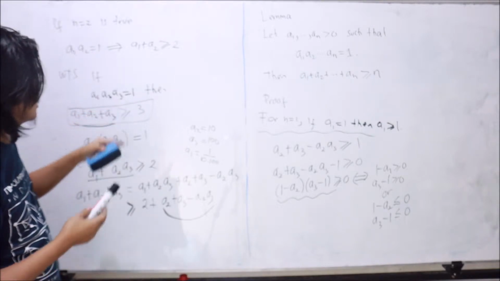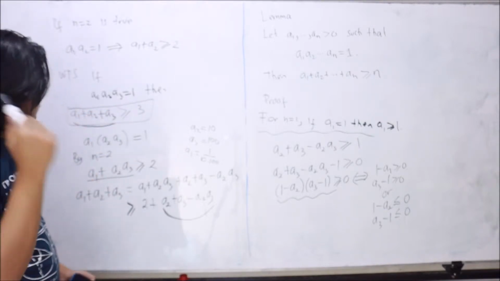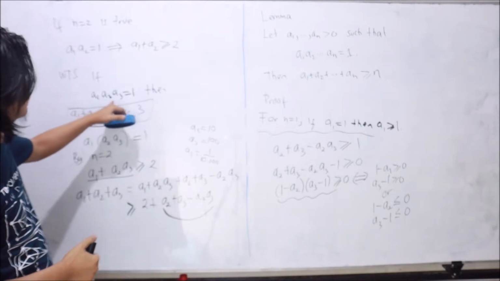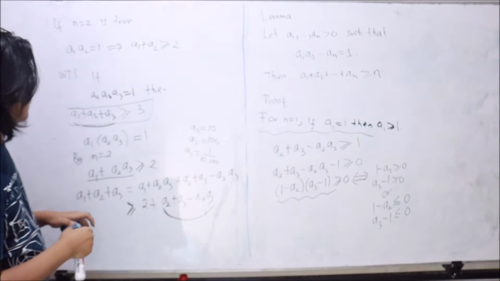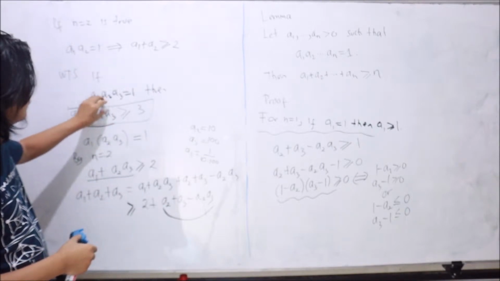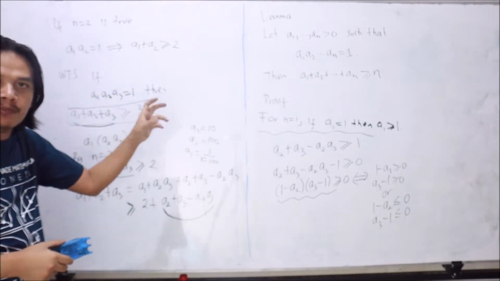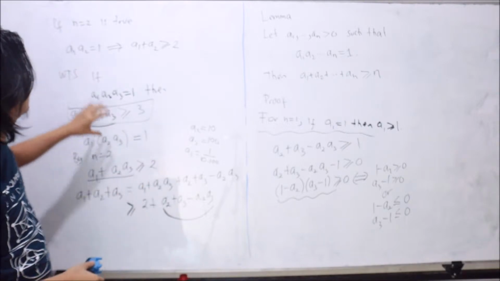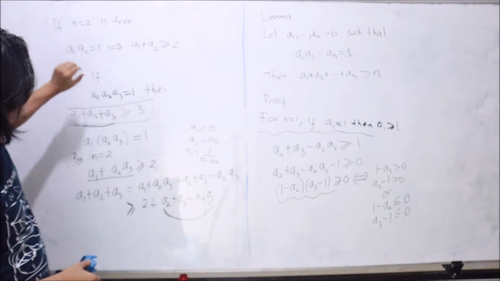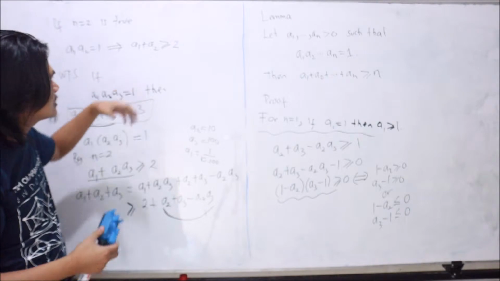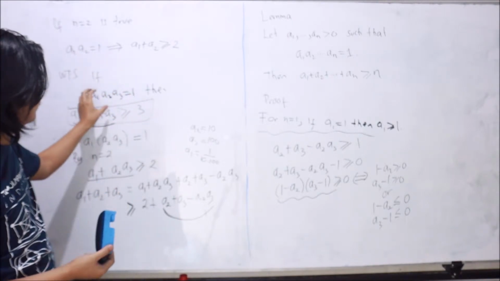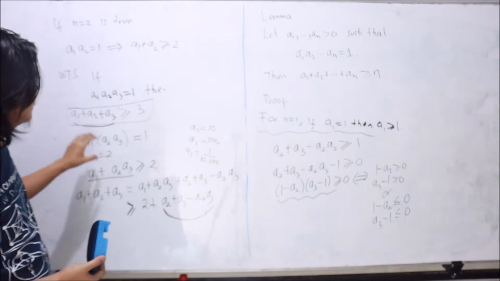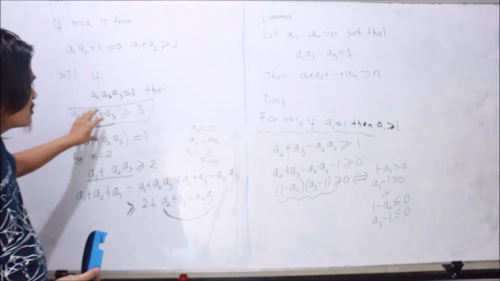But notice that a1, a2, and a3 we can rearrange. What I'm trying to say is that we can exchange the role of a1, a2, a3. We can permute them because the statement is symmetric with respect to a1, a2, and a3, right? So if we permute a1, a2, a3, then we have exactly the same statement.